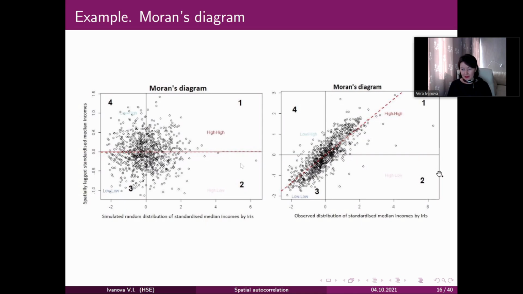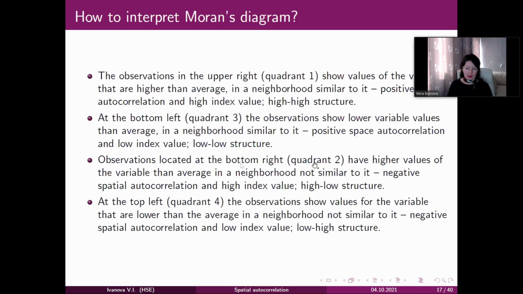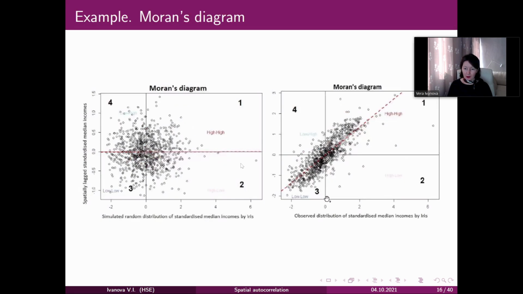This part consists of high median income districts surrounded by low income districts. This part corresponds to low income districts surrounded by low income districts, and so on.